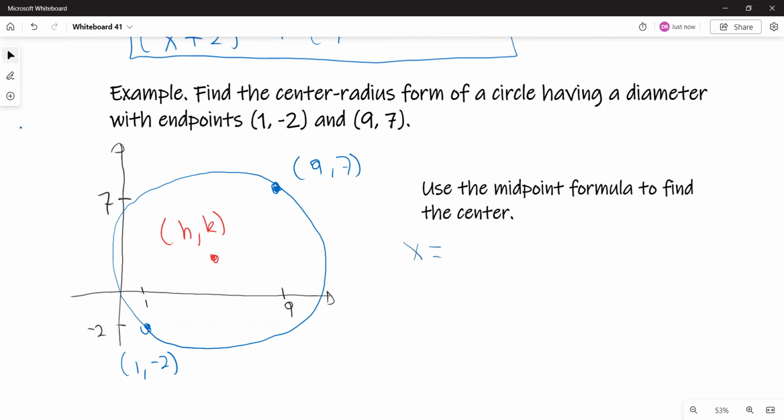Midpoint formula. Let's call this h. It's 1 + 9 over 2. And k, it's -2 + 7 over 2.